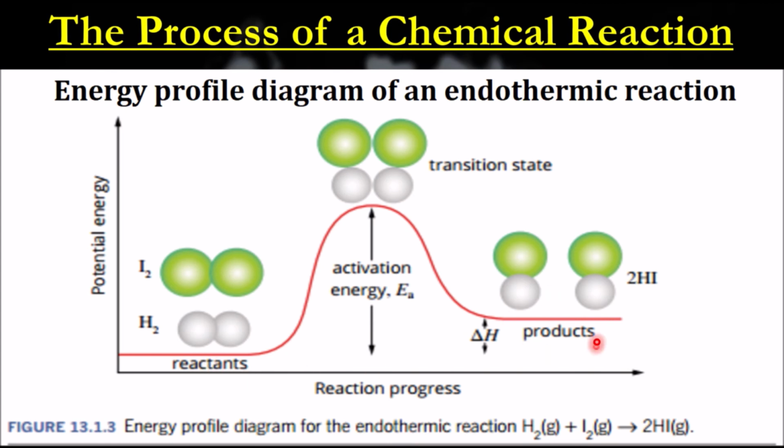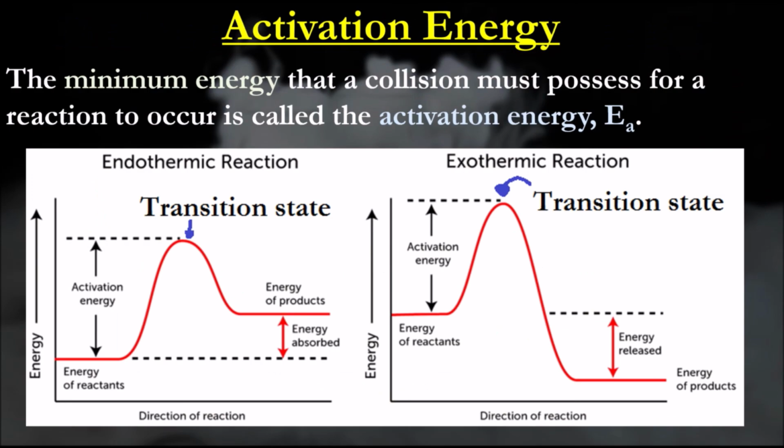Because I can see that the product has a higher enthalpy than the reactants. We can see that the very peak of the activation energy is called the transition state, and that's where our chemicals will transform from our reactants into our products. This is consistent with what we showed before, how in the energy profile diagrams of endothermic reactions the products have more energy, and in exothermic reactions the reactants have more energy.